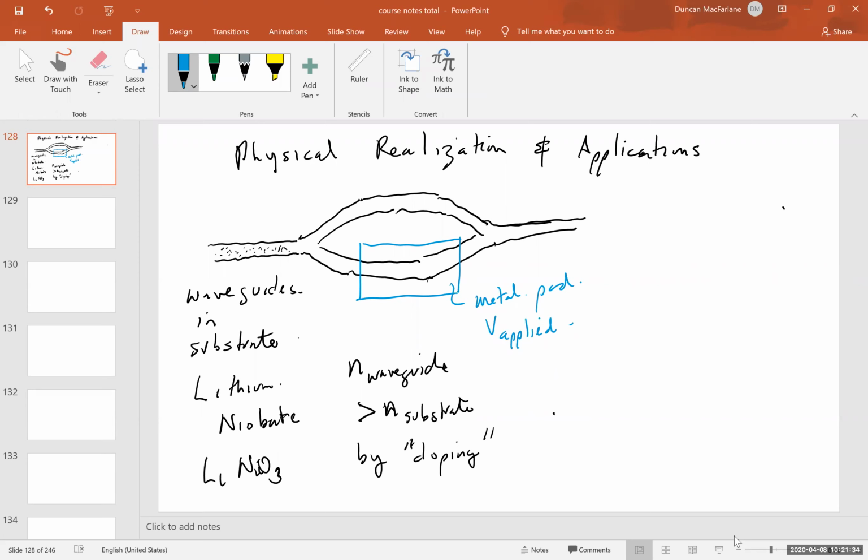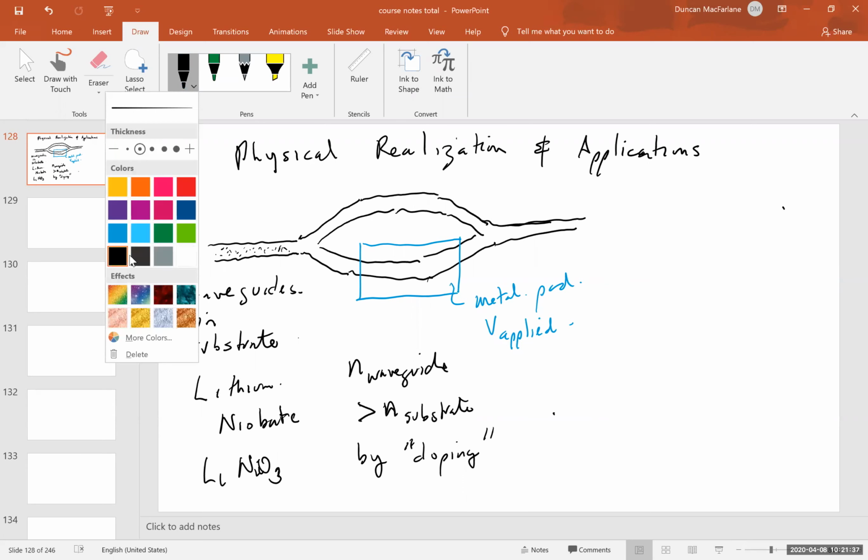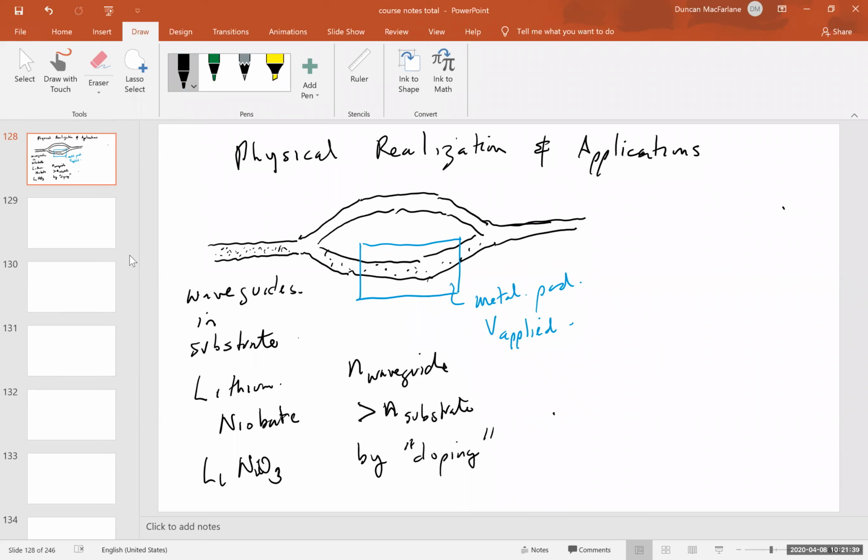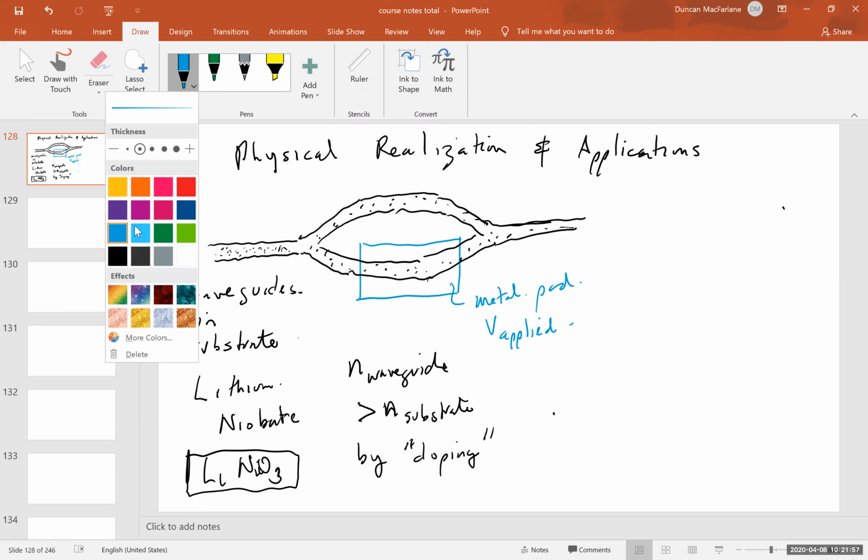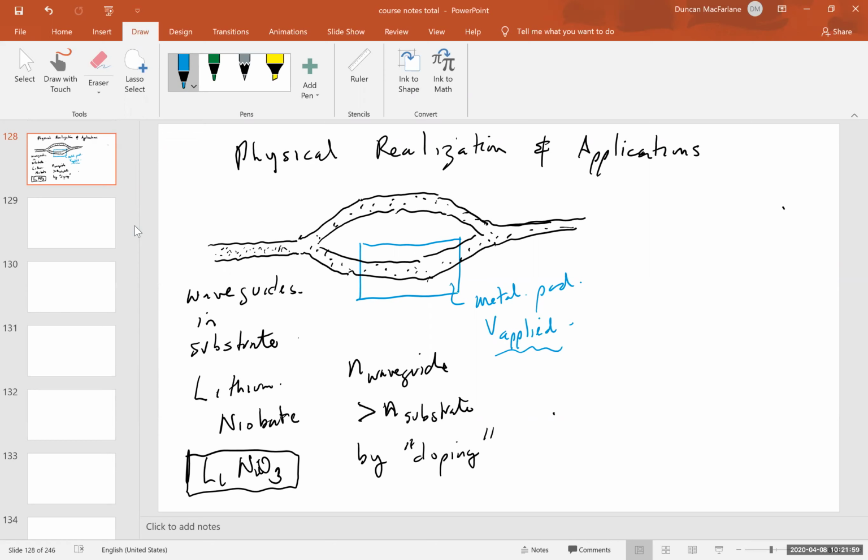And the particles that are making the waveguide, and in fact the entire crystal lattice of the lithium niobate, respond to that applied voltage. So as I apply a voltage to this crystal structure, the crystal responds to that voltage.